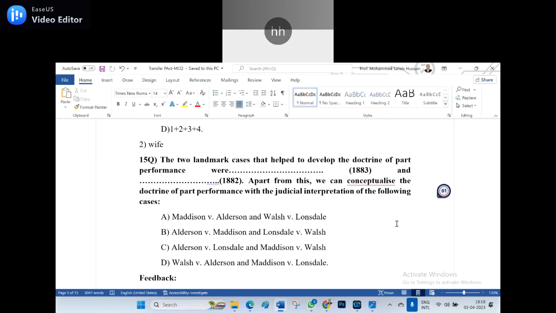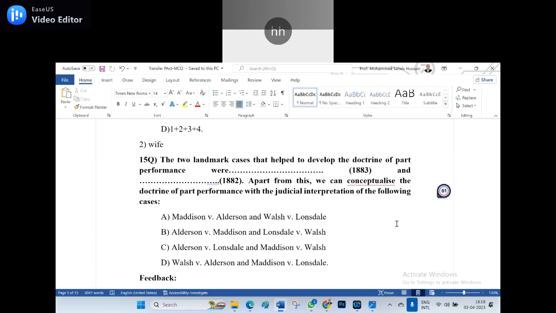A. Madison versus Alderson and Walsh versus Lonsdale. B. Anderson versus Madison and Lonsdale versus Walsh. C. Anderson versus Lonsdale and Madison versus Walsh. D. Walsh versus Anderson and Madison versus Lonsdale. It is also a bit tough question.